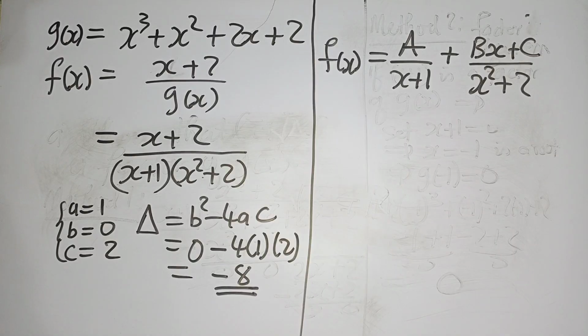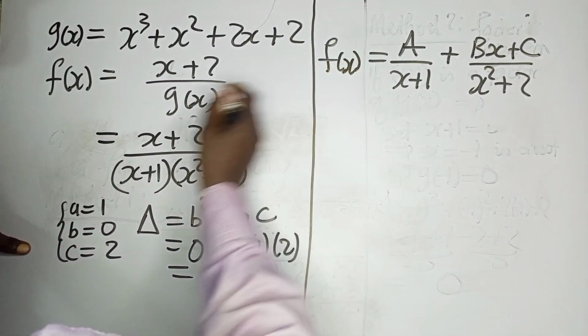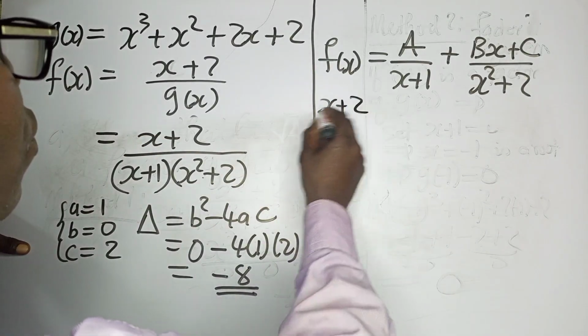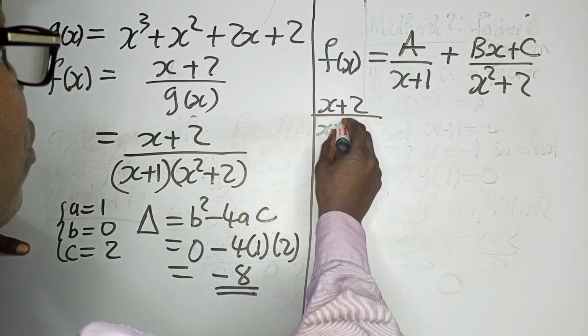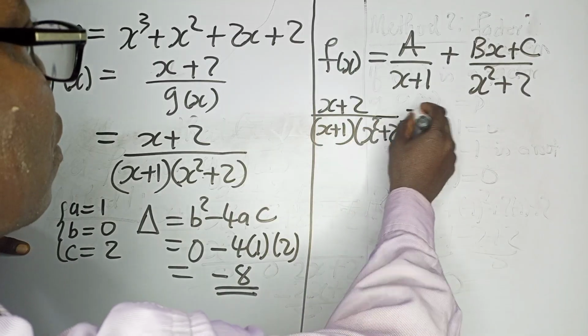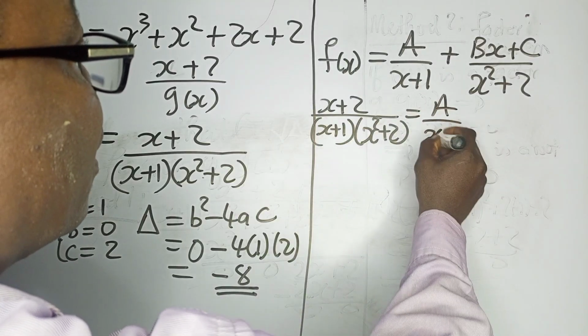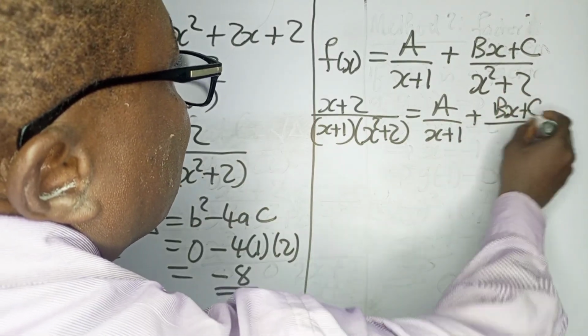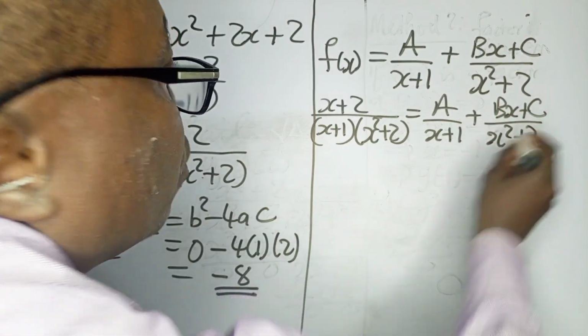How do you go about that? Remember, f of x is f of x. So we're saying x plus 2 all over x plus 1 into x squared plus 2 is a all over x plus 1 plus bx plus c all over x squared plus 2.